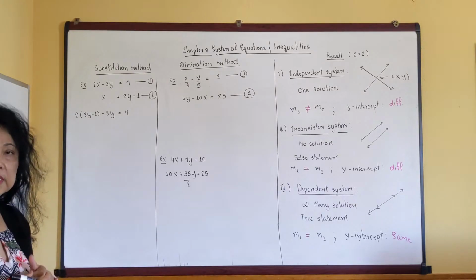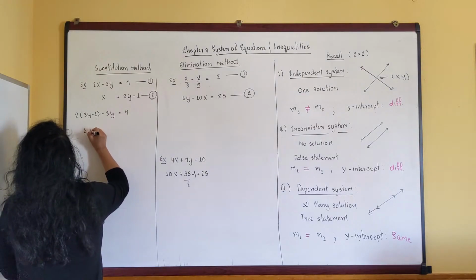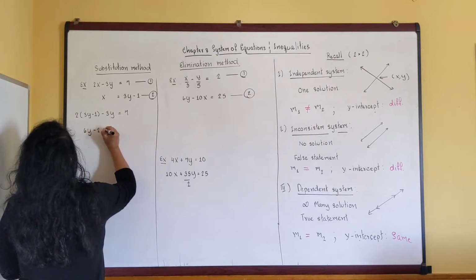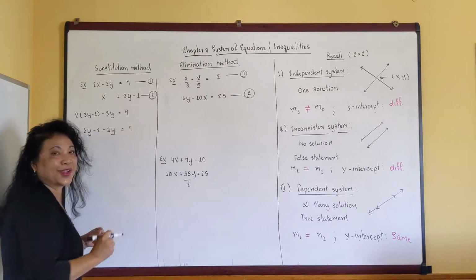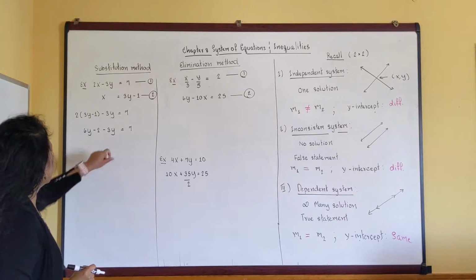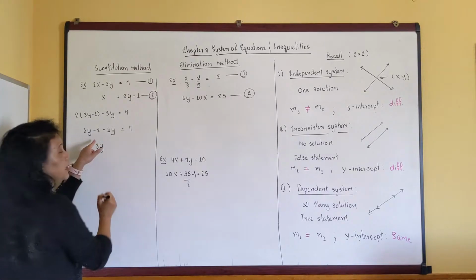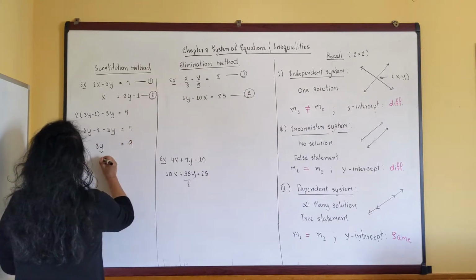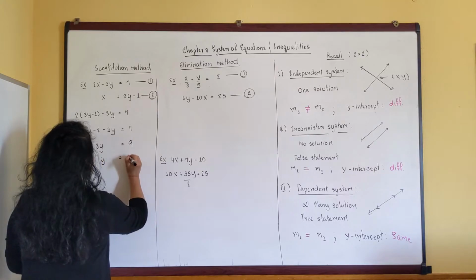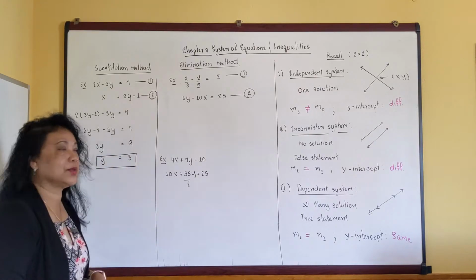Now you just solve the linear equation. Distributive, you have 6y minus 2 minus 3y equal to 7. Combine like terms, 6y and minus 3y is 3y. Add 2 to both sides, I got 9. I divide both sides by 3. So y equal to 3.